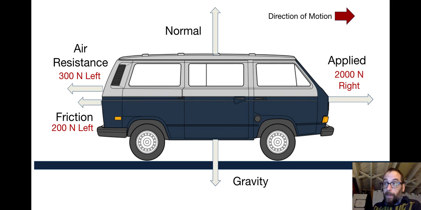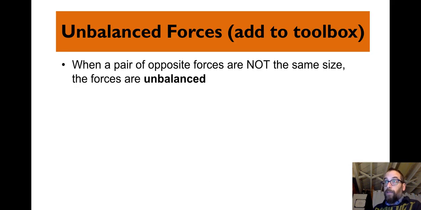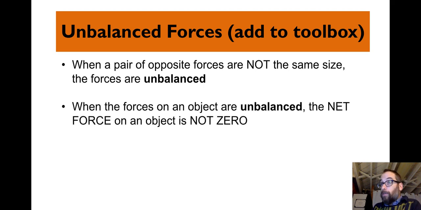Now, this is what you should add to your toolbox as a reference for later. When a pair of opposite forces are not the same size, we say that those forces are unbalanced. And if you have unbalanced forces acting on an object, the net force on that object is not zero.